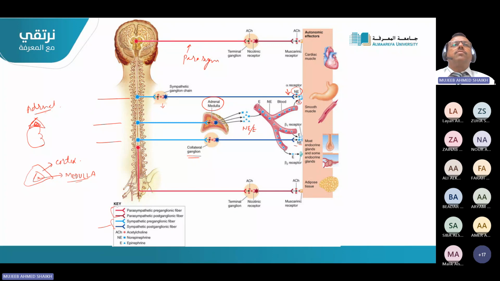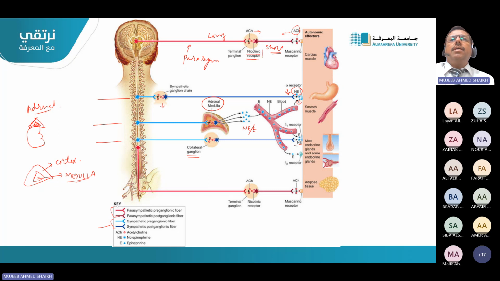So it starts from the cranial region, then ends near the organ. So preganglionic fibers are long here. The postganglionic fibers are short. And at both places, what are they secreting? Acetylcholine. At both places they are secreting acetylcholine. Cholinergic fibers are there. But the action of this acetylcholine will be through different receptors.